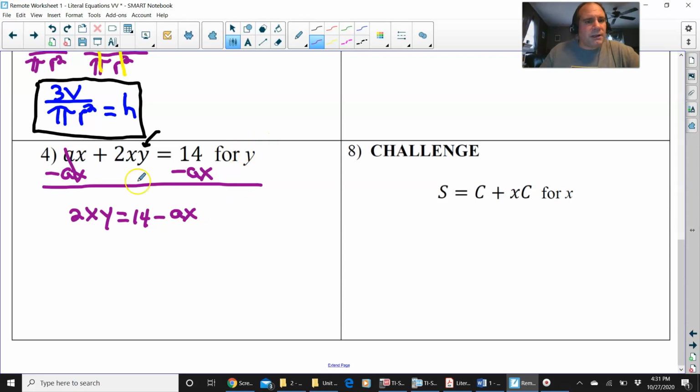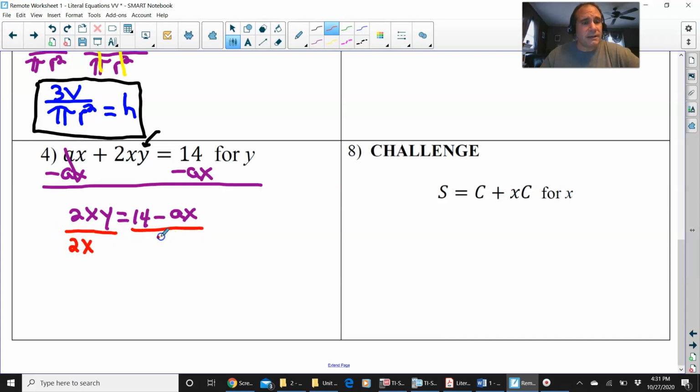Whew. Solve for y right here. Remember, and this is going to come up a lot of times, what do we want to cancel? If you're saying you want to cancel a 2 and an x, that's correct. So we are going to divide by the terms that we want to cancel.